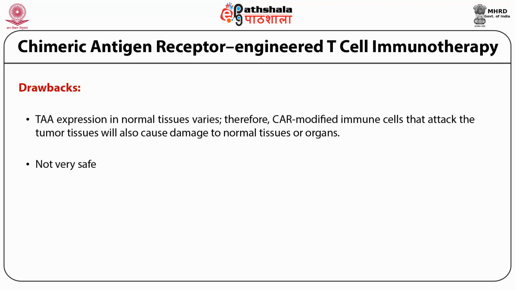It's not a very safe cellular therapy, and there are problems of insertional mutagenesis in these CAR T cells, which can further modify the tumor cell surface antigen directly or indirectly and can destroy the normal cells also.